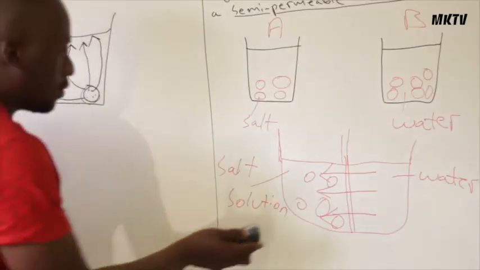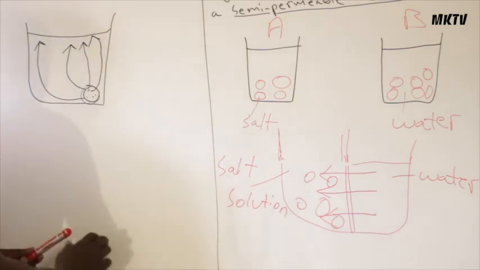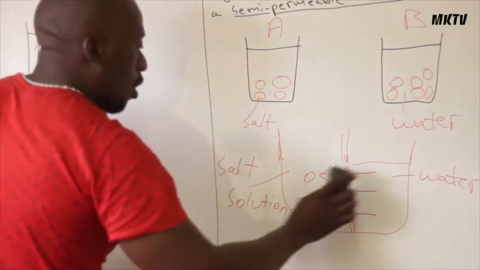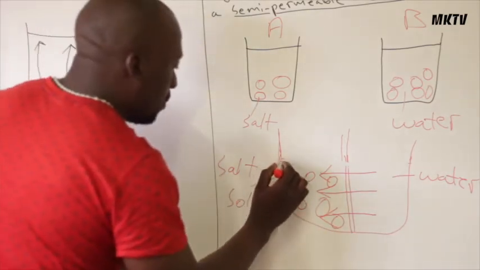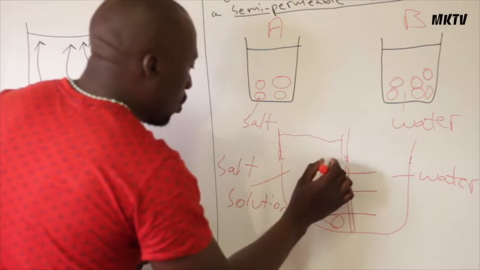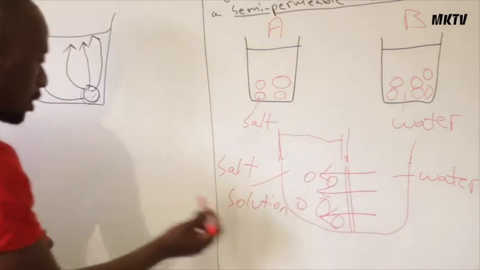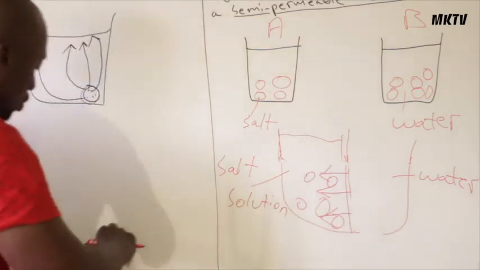This means the level of this solution, because it is going to receive some water molecules, is going to rise. This solution is going to rise because water is going to move inside it.